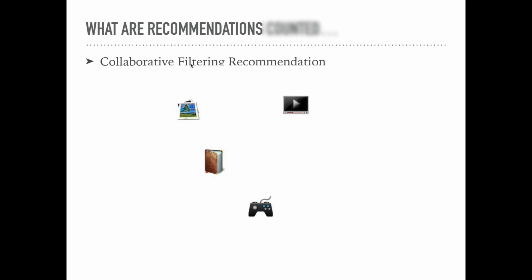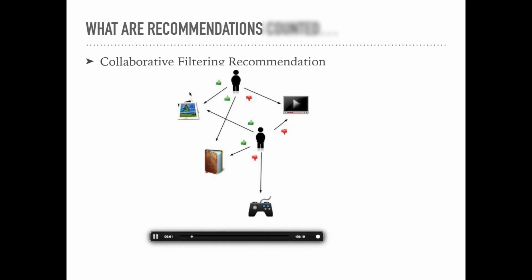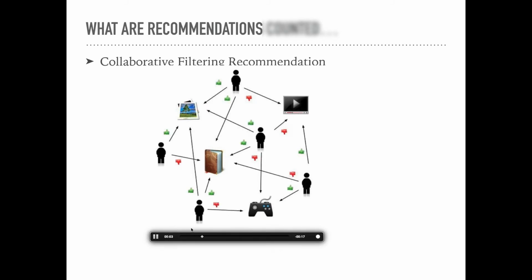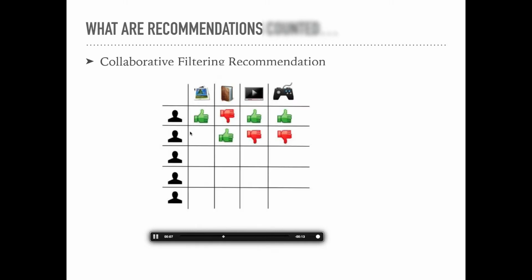another example, which is collaborative filtering recommendations. I can illustrate this example using an image. Here the recommendation is based on user data. Each user is going to like or dislike certain items, and then we infer the user's recommendations based on the previous history.